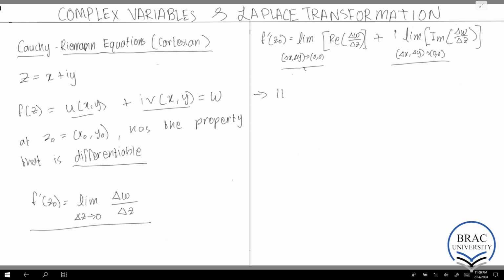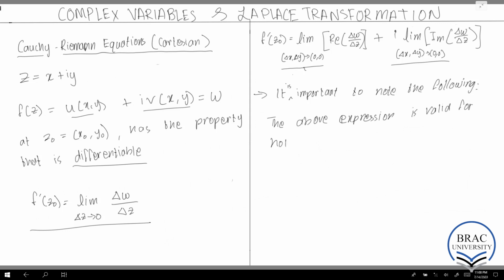It is important to note that the above expression is valid however we approach delta x, delta y tends to 0, 0.